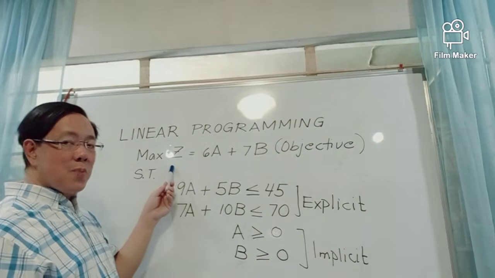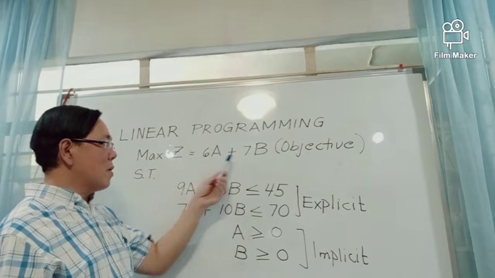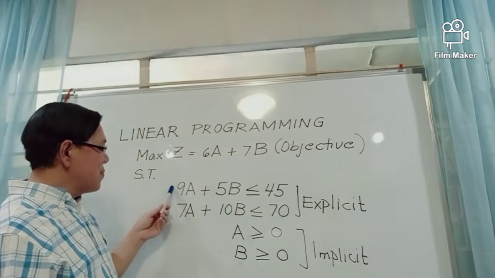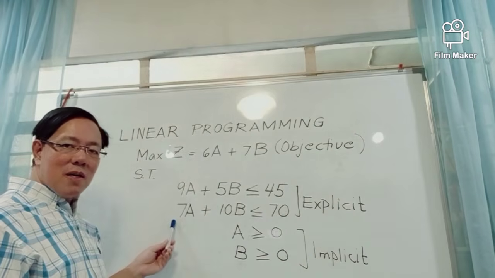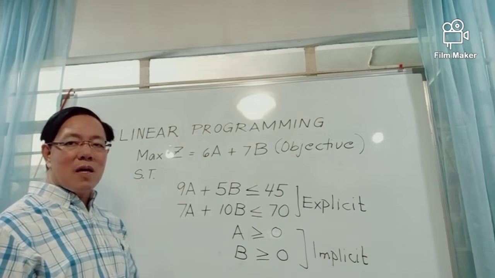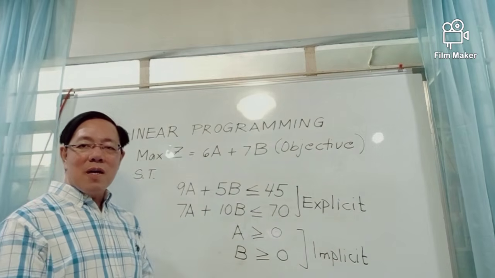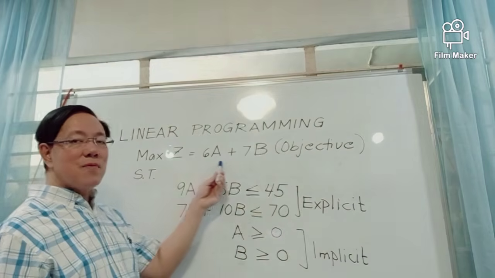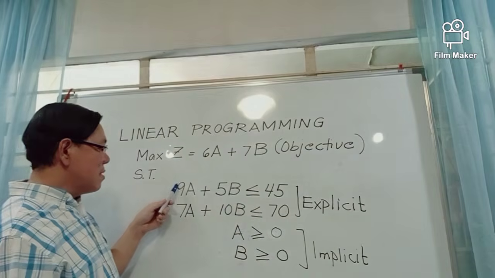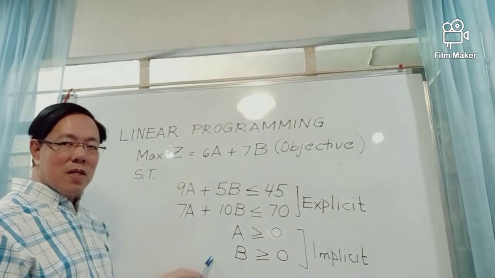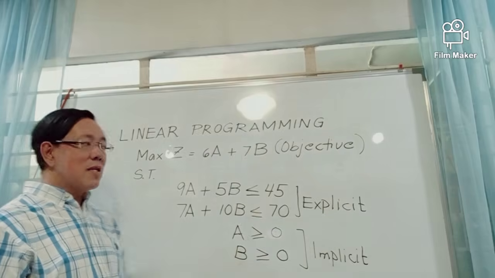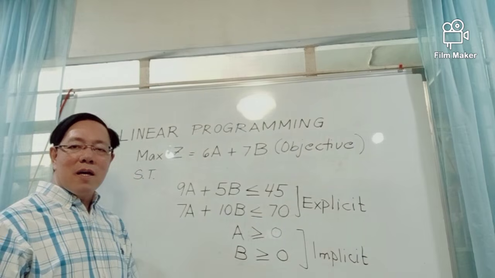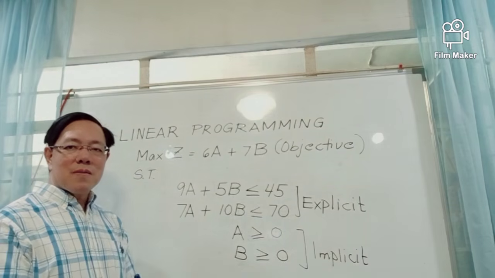So from the objective function to explicit constraints to implicit constraints, the exponent of every variable is 1. This is a linear function, and these are linear inequalities, because the linear program consists of a linear function and linear inequalities.